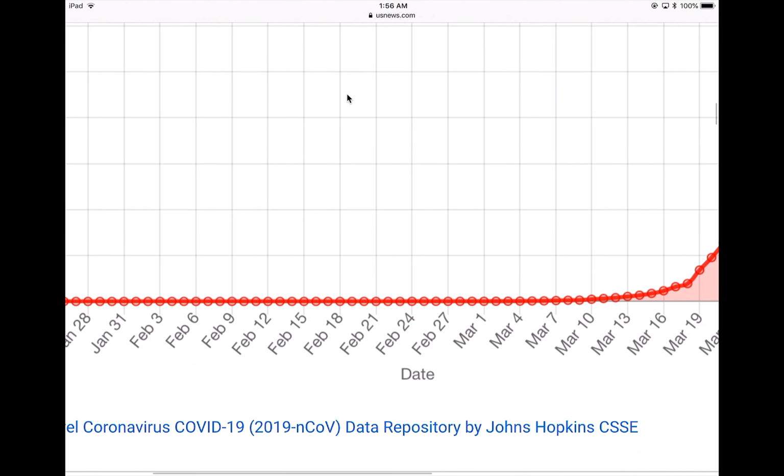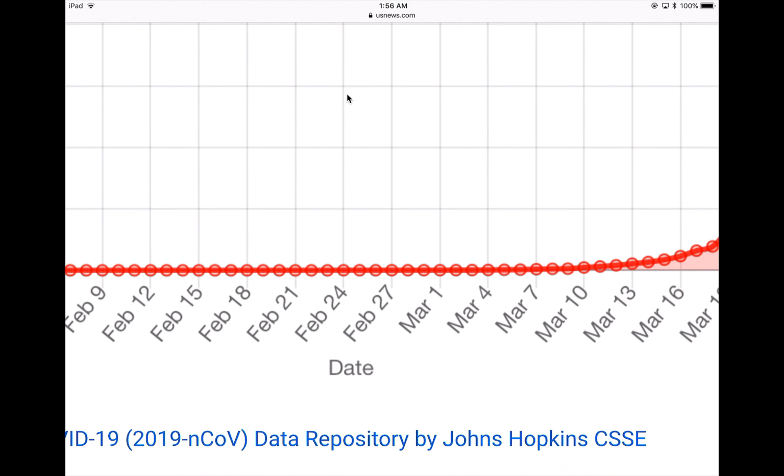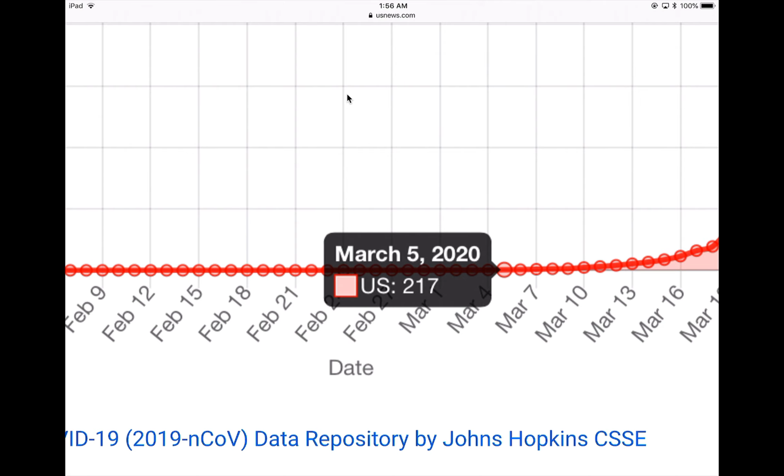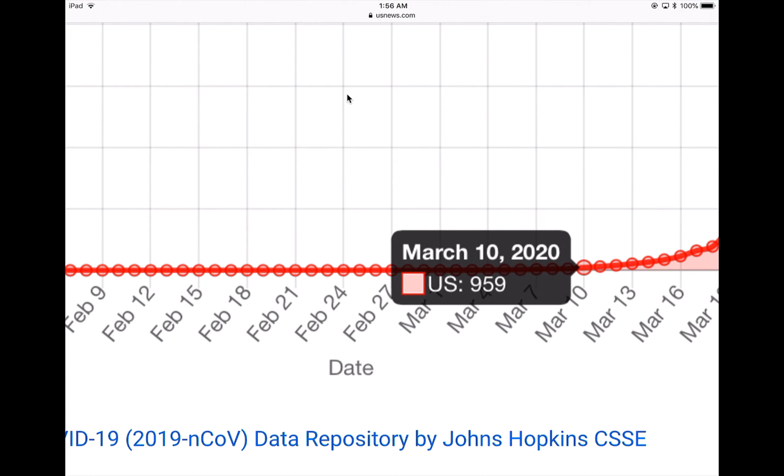So I'm going to gather some points from this graph, but I'm going to start here at March 5th. March 5th, there was 217 cases. March 6th, 262. March 7th, 402. So I'm not going to use all the data points. I'm just going to use a few of these.